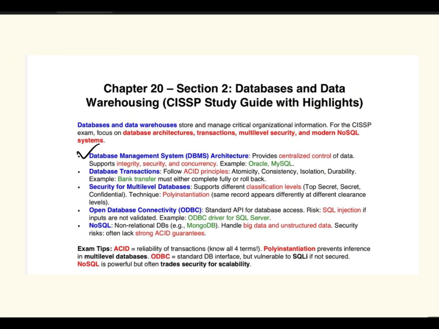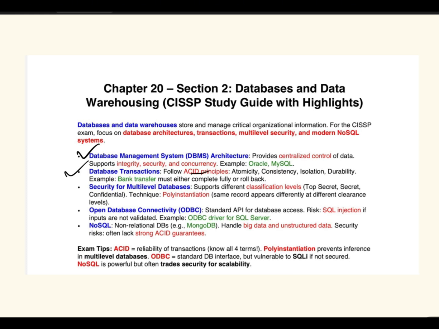So DBMS, we can say, provides centralized control. Now the next thing is database transactions.